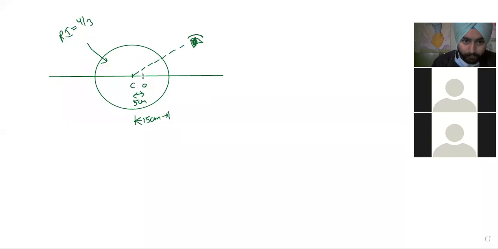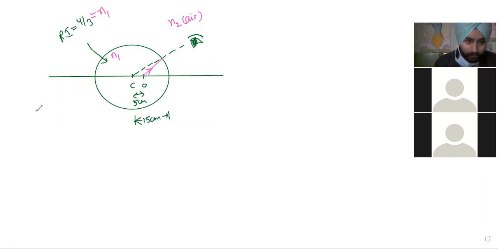Now from this, this is your ray diagram. The refractive index of this we can write as n1. So n2 is air, and this is n1, through which the ray will go.